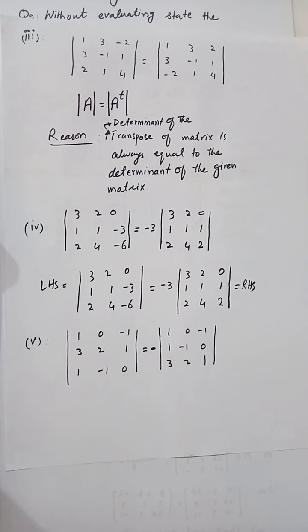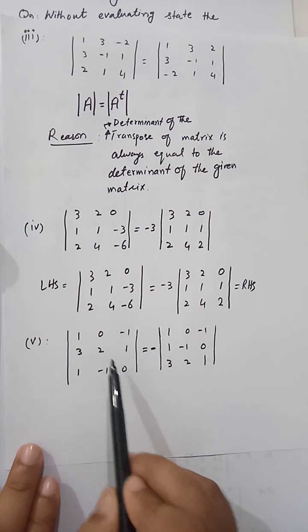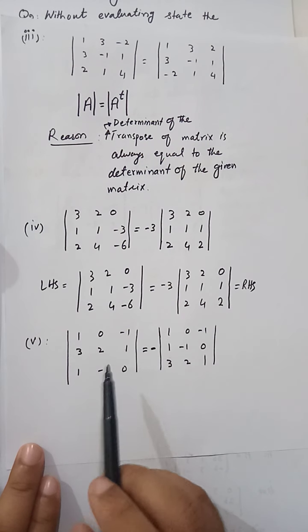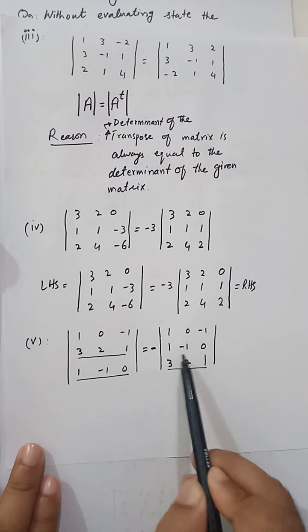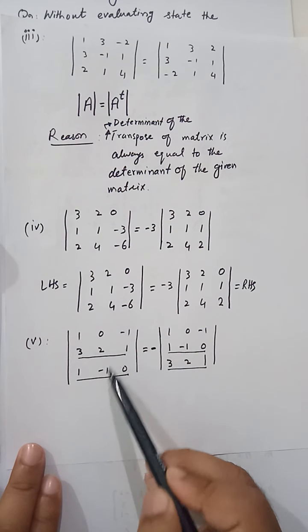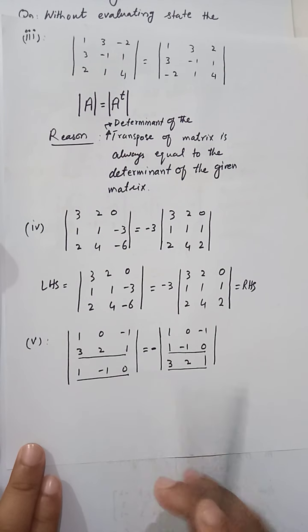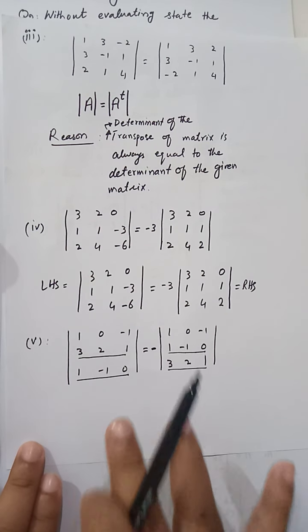If any two rows or columns in a square matrix A are interchanged, then the determinant of the resulting matrix is equal to minus times the determinant of A. If I consider this matrix and this matrix, you see that this is R2 and here this is R3, and this is R3 and here it is R2. So two rows are interchanged.